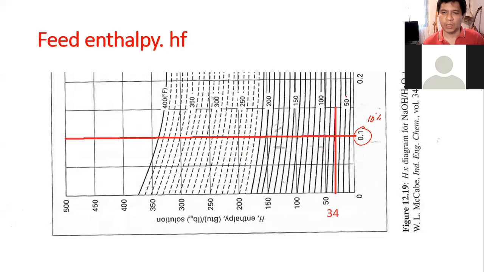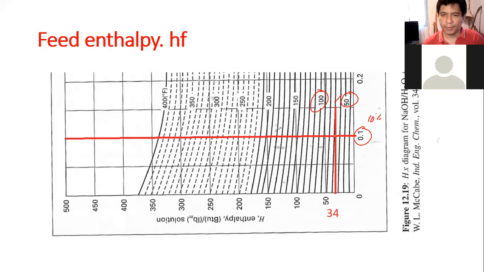Notice that this curve is 50, tapos itong curve na to, this is 100. Bawat curve nag-i-increase siya ng 10, so 60, 70. So ito yung 70, 80, 90, 100. So just draw another line from this curve.